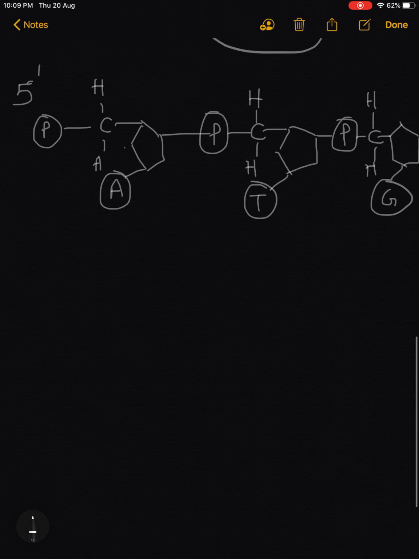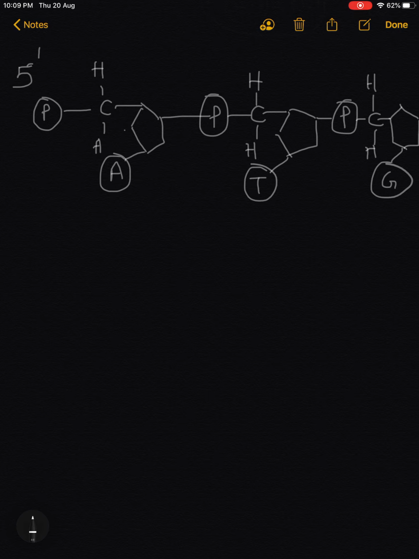Further I don't have that much space, so at the end I'm just drawing it below, but you should know that at the end you have to attach an OH group. And it will be the 3 dash end.